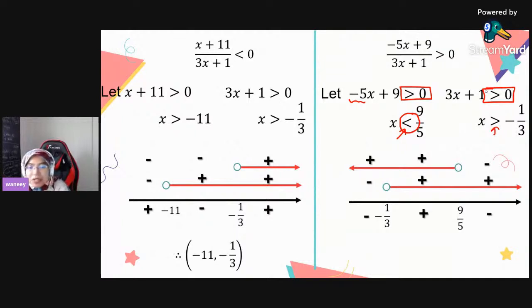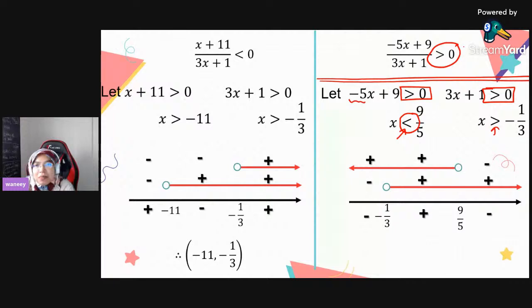In order to get the final answer, this is the assumed part, and the inequality before that is greater than 0. So I'm looking for a positive answer. The positive answer is somewhere in between. So the final answer for this is negative 1 over 3 until 9 over 5.